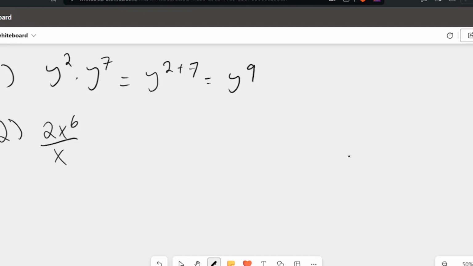It's just assumed it's 1 on its own. So what we're essentially going to do right here is take 2x to the 6 and subtract it by x, which we can think of as 2x to the 6 minus 1, which would give us 2x to the power of 5. So that's our quotient rule in action.